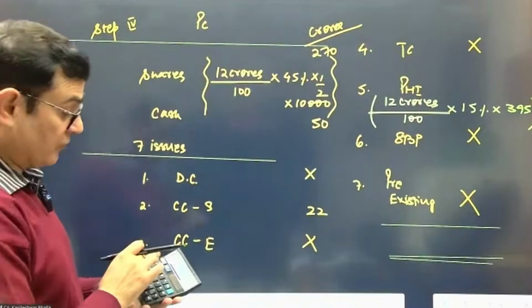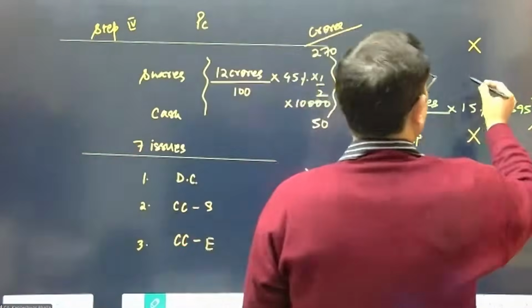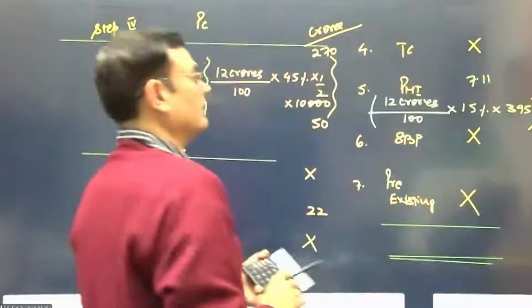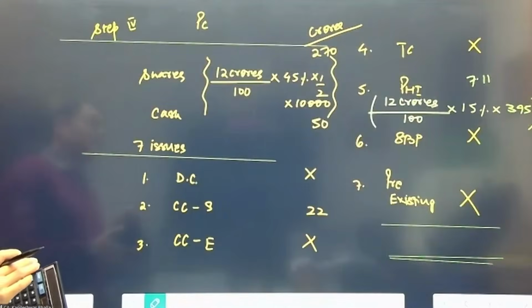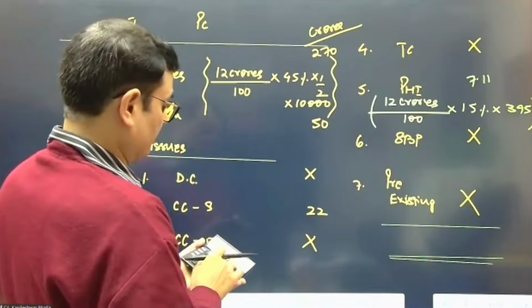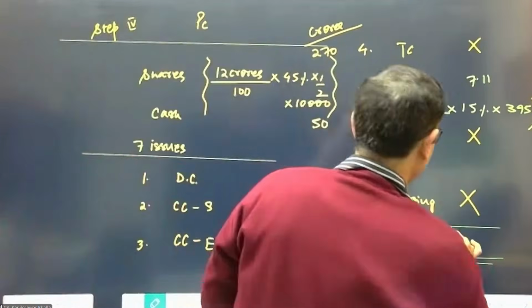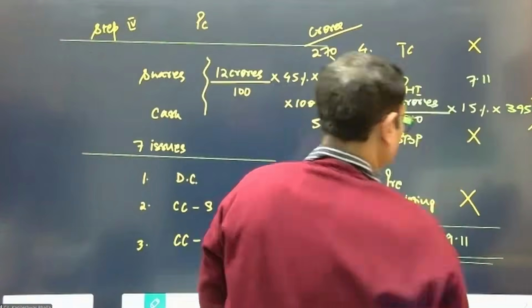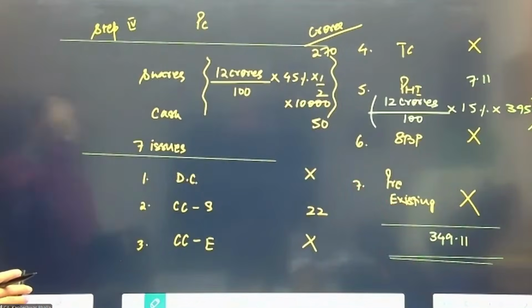In terms of crores, 7.11, is it? Yes, sir. Correct. So this gives us the calculations of the purchase consideration. There's nothing else. So we add up 270 plus 50 plus 22 plus 7.11, which is 349.11 crores.